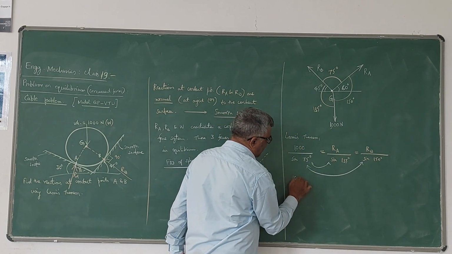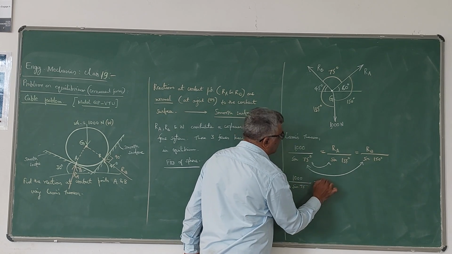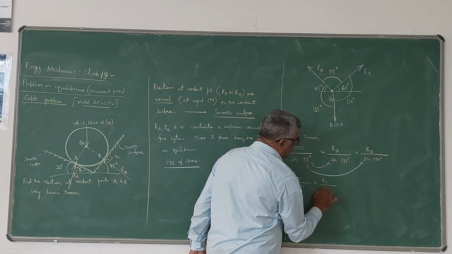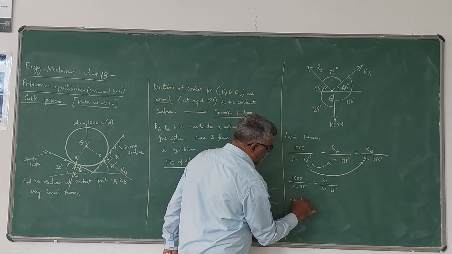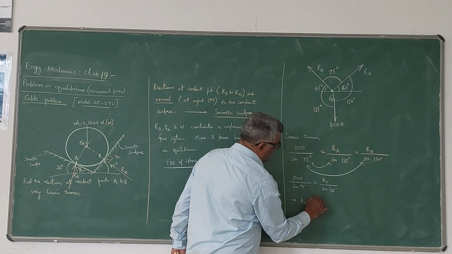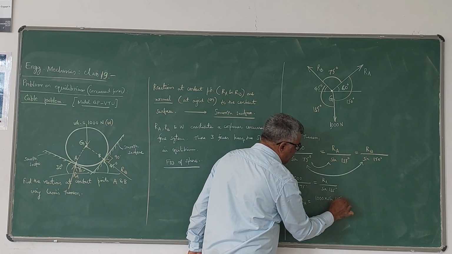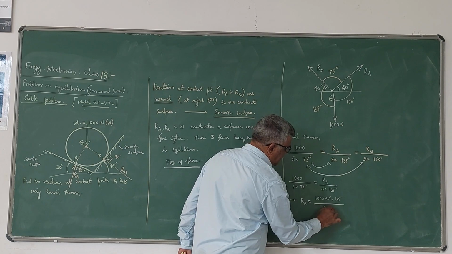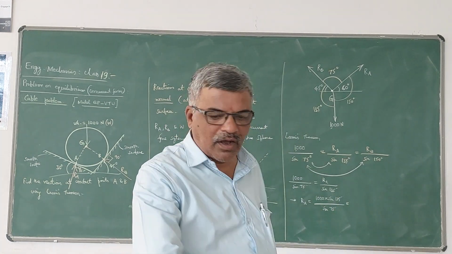So first two: 1000 divided by sine 75 is equal to RA divided by sine 135. From this you get RA as 1000 into sine 135, cross multiplied, divided by sine 75 degrees. So that is the answer for RA.